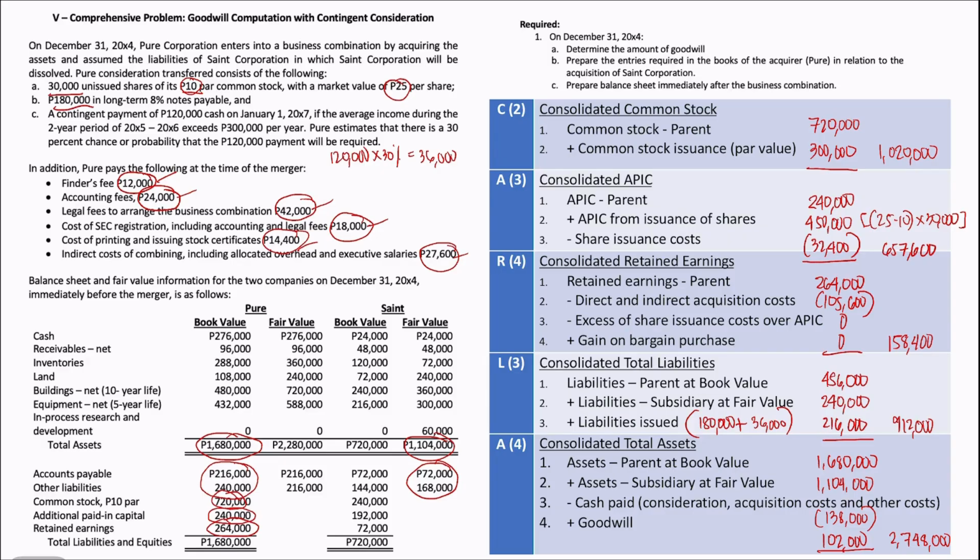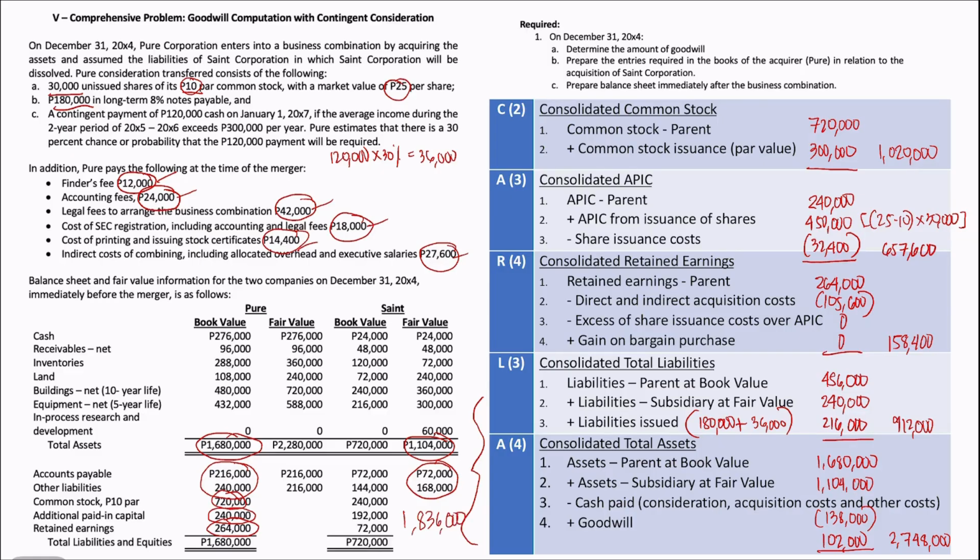When we add consolidated common stock, consolidated APIC, and consolidated retained earnings, the sum should be equal to consolidated total assets minus consolidated total liabilities. 2,748,000 minus 912,000 is 1,836,000.